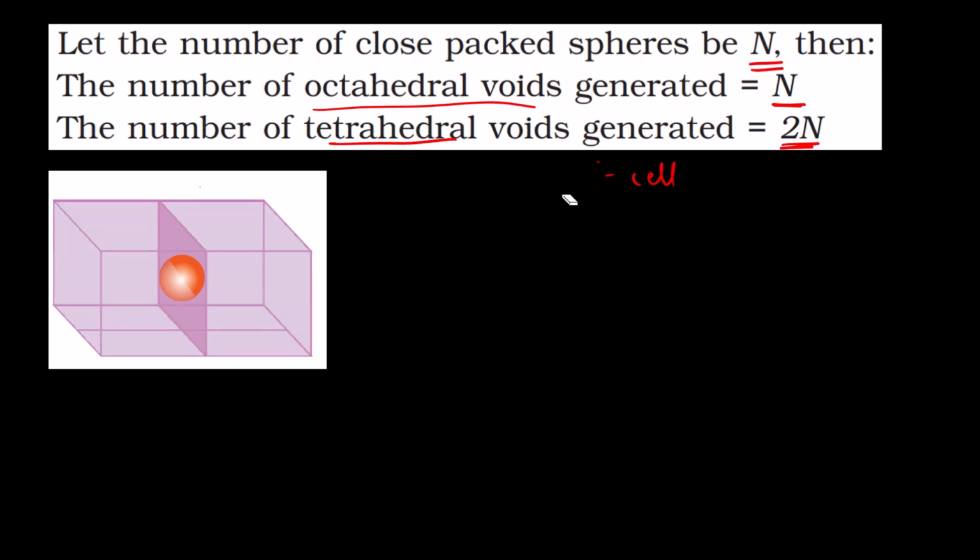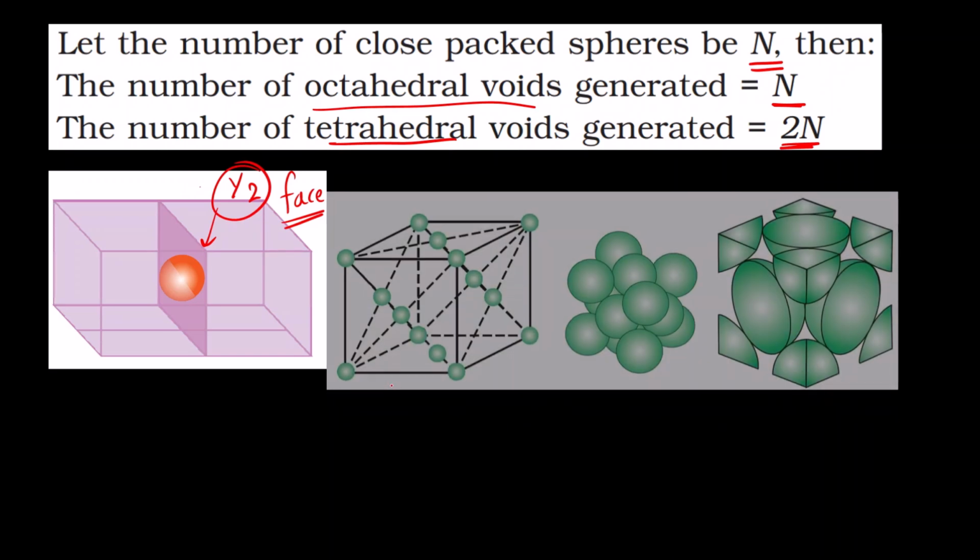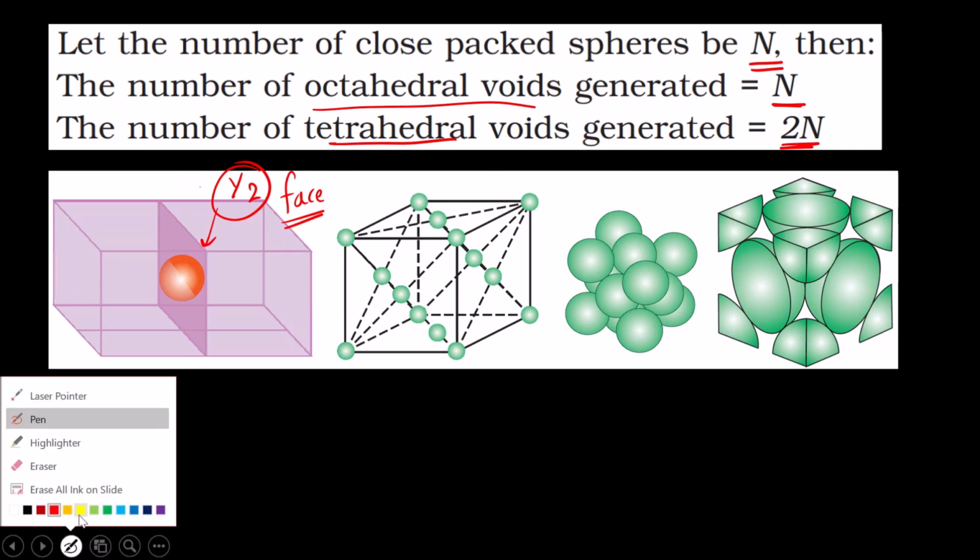Whenever a sphere is present on the face of the cube, the contribution is 1 by 2, that is half. This is how an FCC lattice looks like.